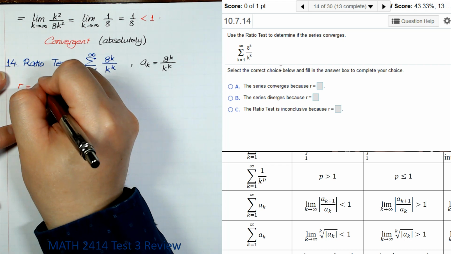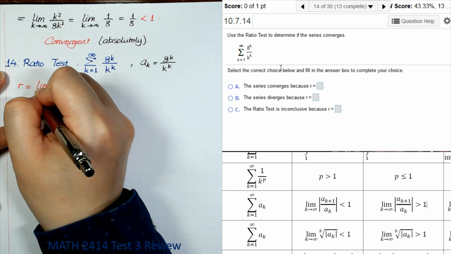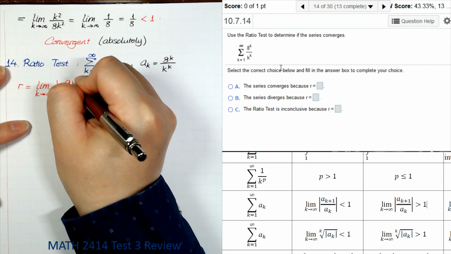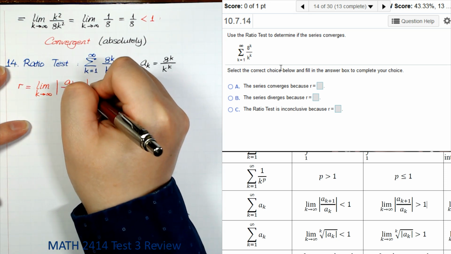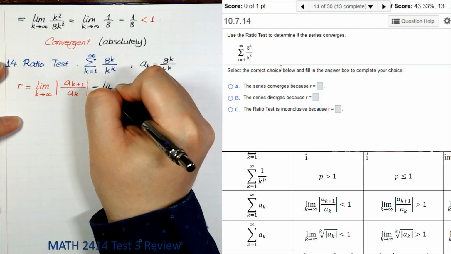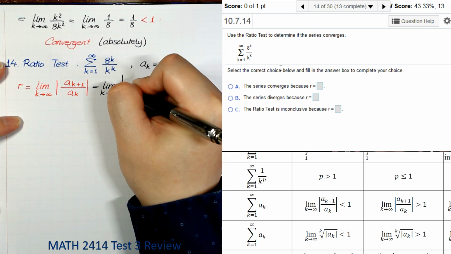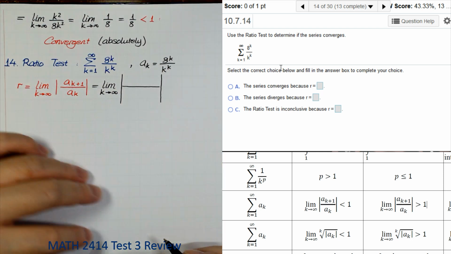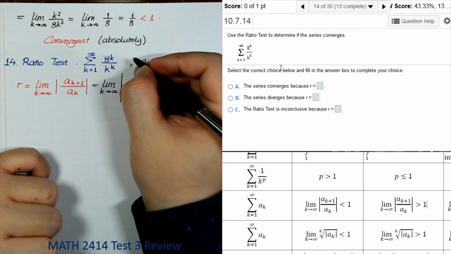Right, ratio test. Ratio of consecutive terms. After this we need to go back and make one more comment.